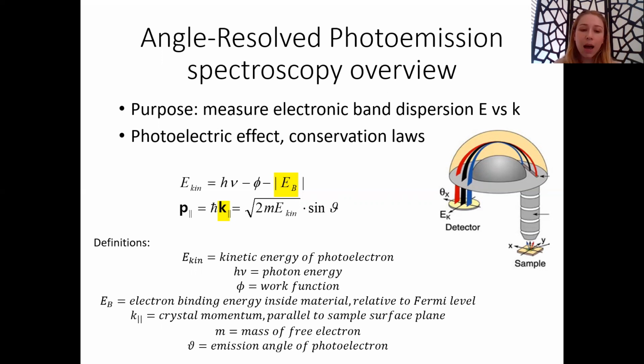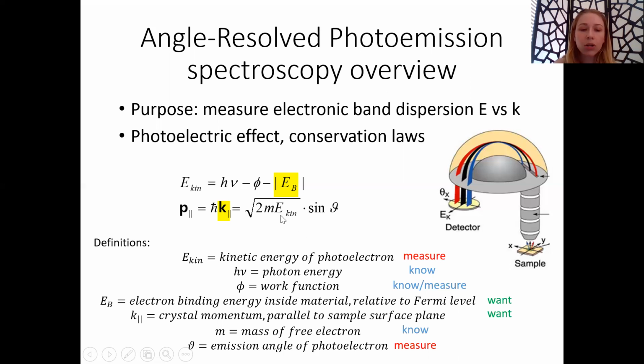So what ARPES actually measures is the kinetic energy of electrons that are photoemitted after shining UV light on them, and the angle with which they are photoemitted. So that is what we measure. We measure kinetic energy and we measure emission angle using a photoelectron analyzer.